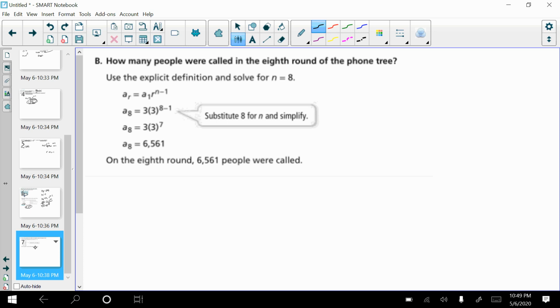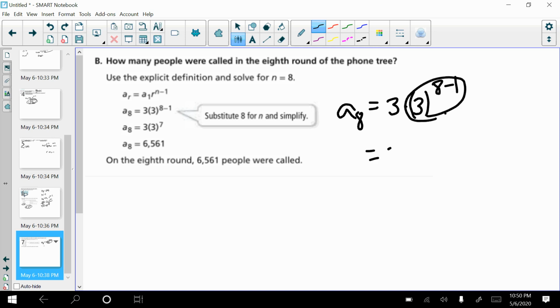And finally, how many people were in the 8th round of the phone tree? So now we can use the stuff that we knew before. We're looking for A8, and that's going to equal 3 times 3 to the 8 minus 1. Then I can do order of operations.